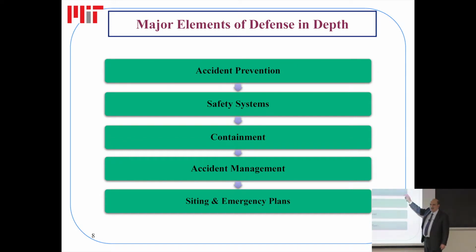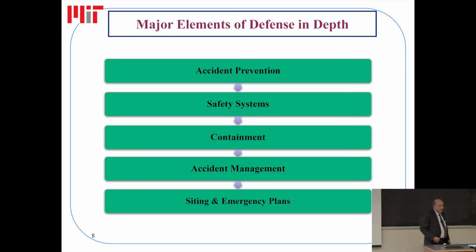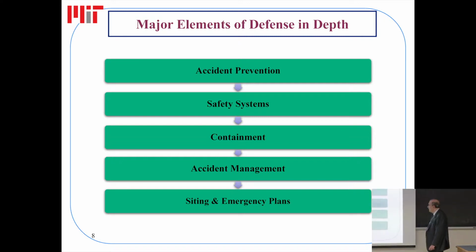You never rely on a single system. And a single system never has one train. You always have redundancy within each of these. But if all of these fail, then you have the containment dome that is supposed to contain the radioactive materials that have been released from the reactor core.